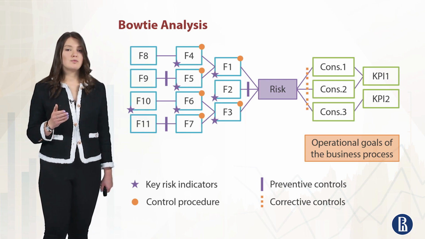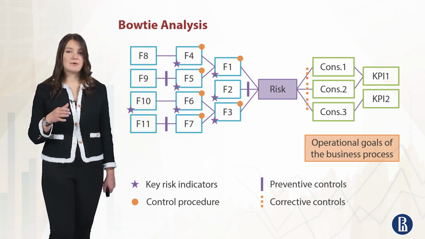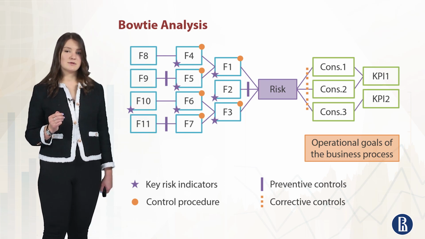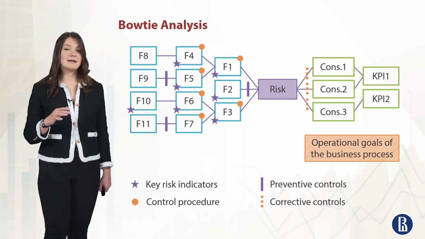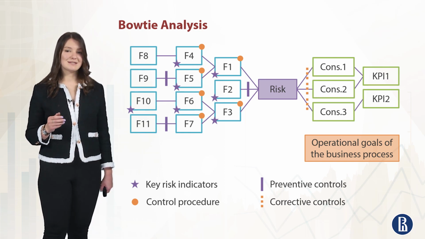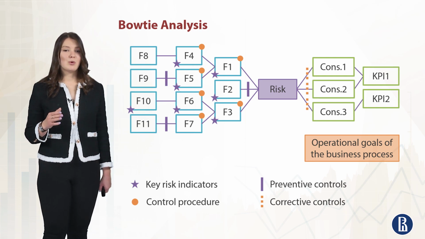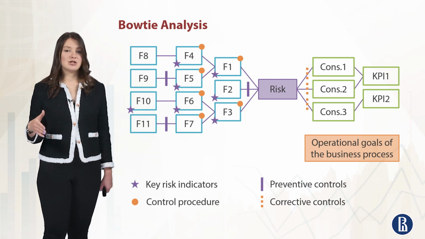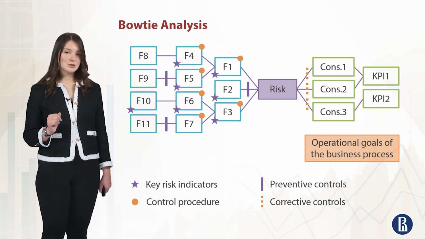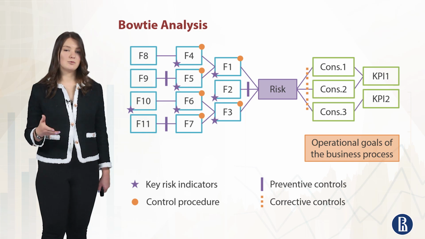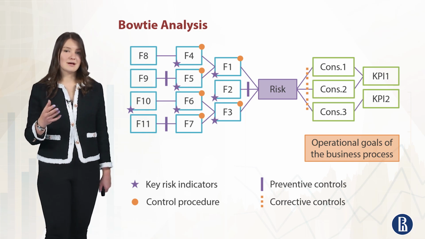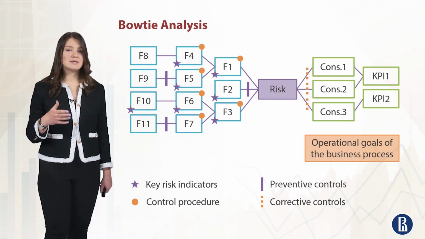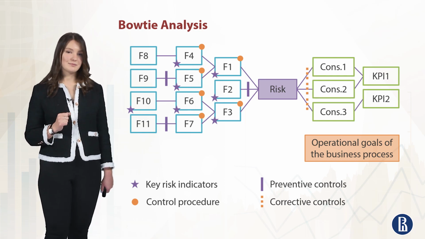The focus of bow-tie analysis is on the barriers or controls depicted on the left-hand side of the knot that can change the likelihood of the risk event, or also on the controls on the right-hand side of the diagram that can change its consequences. So this diagram is also very helpful not only for analyzing the risk, but also for analyzing risk control procedures.